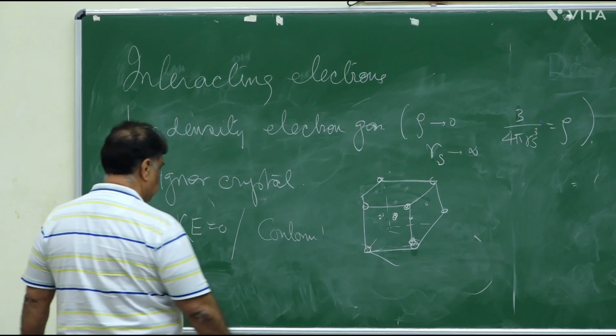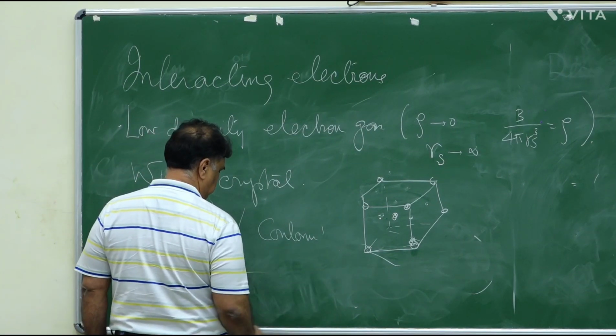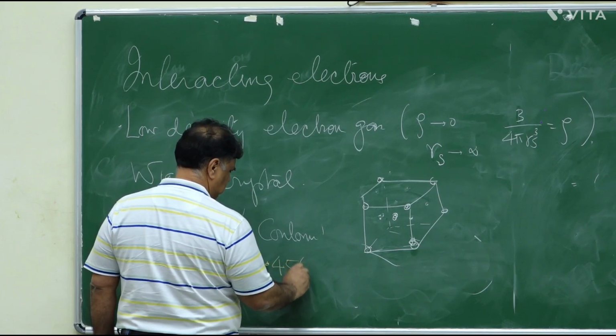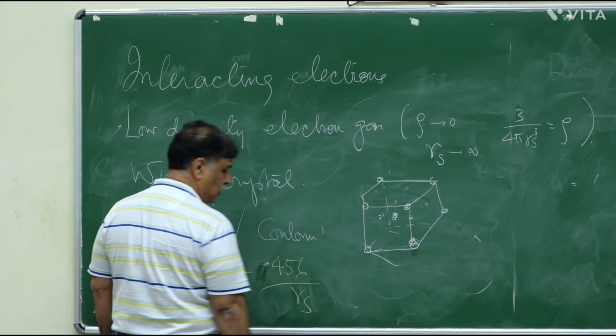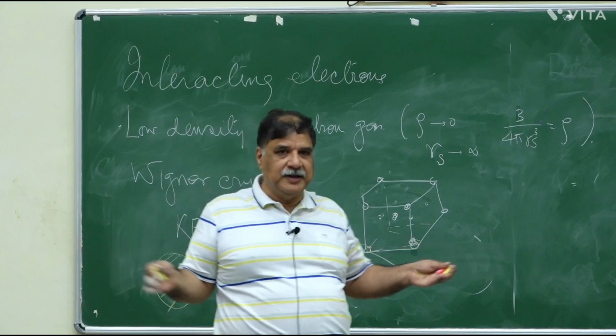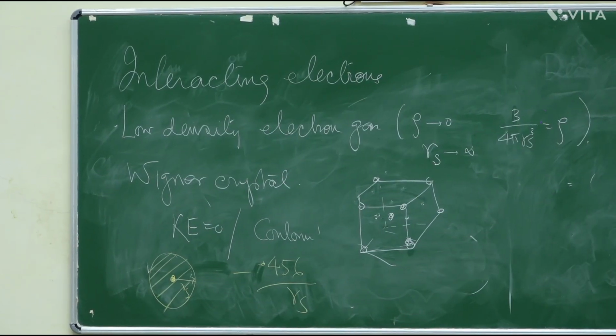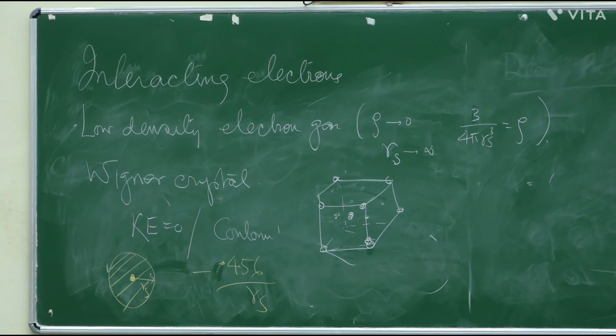If you calculate this, it comes out to be minus, I think, 0.456 over Rs. But this is the limit of very low density. So that's another absolute extreme for the correlated problem, where they are sitting in a correlated arrangement with each other. So that's the other way.